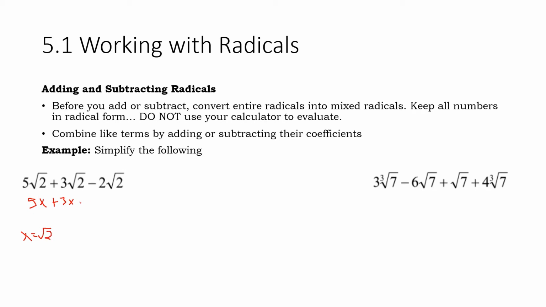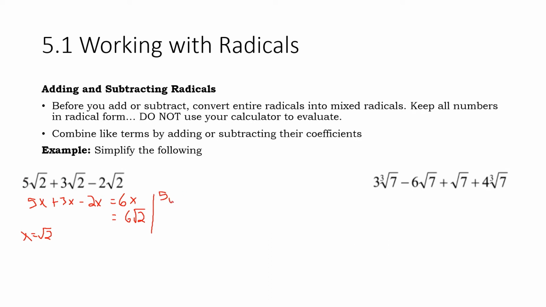We could convert these all into simple variables, and then it's a lot easier to see how they're going to combine. 5x plus 3x is 8x, minus 2x is equal to 6x. Now, we know that x is equal to root 2, so our final answer here is going to be 6 root 2. Now we don't actually want to always convert to x's. That's a little bit of extra work. Let's just imagine them as x's and just add or subtract the coefficients.